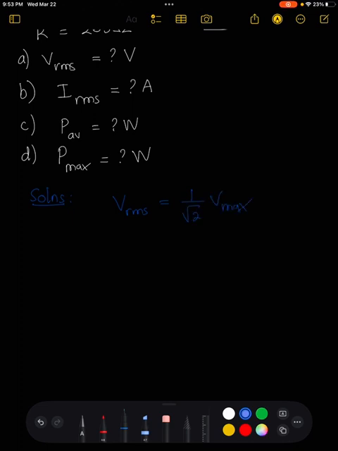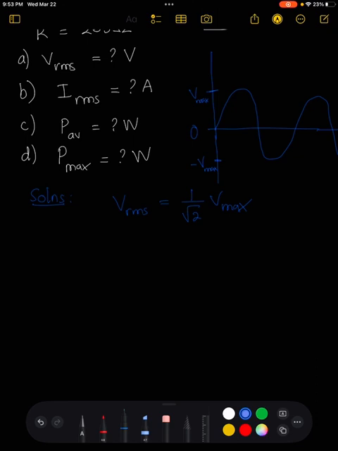Because technically, in an AC circuit, let me draw out the diagram right here. In an AC circuit, we have Vmax here and negative Vmax, because AC means alternating current. Therefore, your source of voltage is going to be alternating up and down, like that, right?